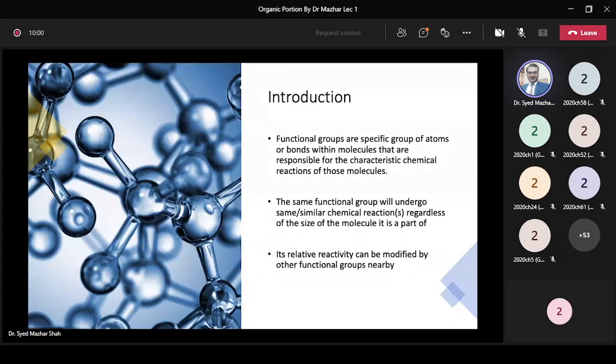Okay. What is the basic definition, or how can we say that something is a functional group? If we go to the definition, functional groups are specific atoms or groups of atoms, or sometimes bonds within a molecule, that are responsible for their characteristic chemical reactions. What does it mean?